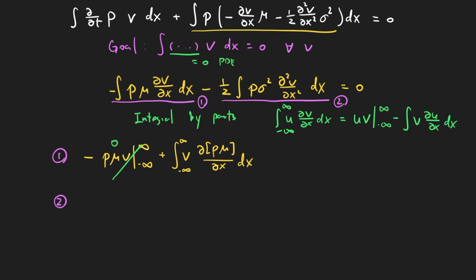For the second one, we'll have minus half times p sigma square times partial v partial x, plus a half times the first derivative of p times sigma square partial x, times the partial v partial x dx.